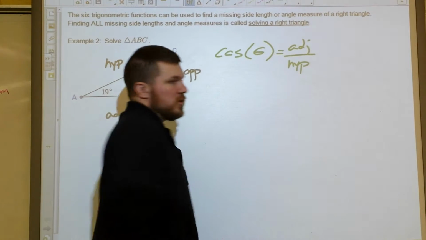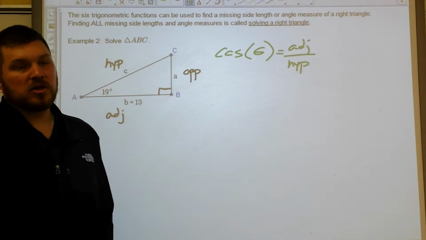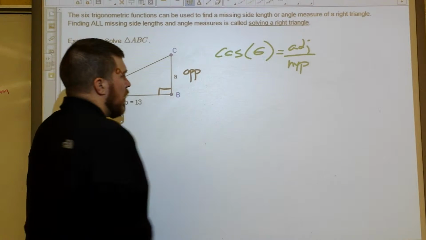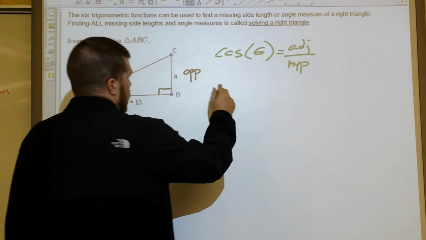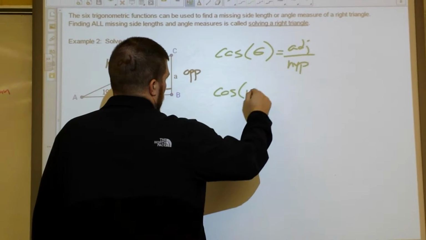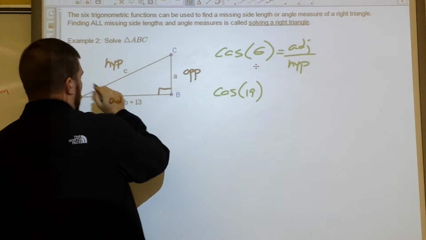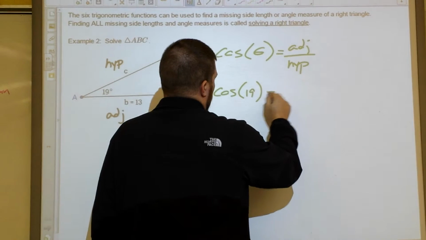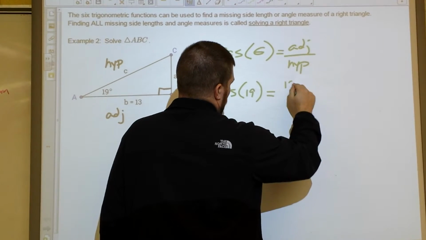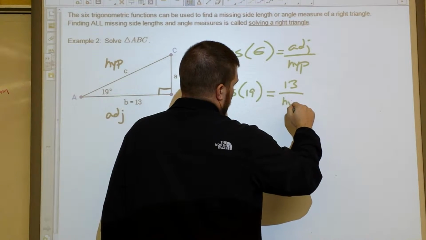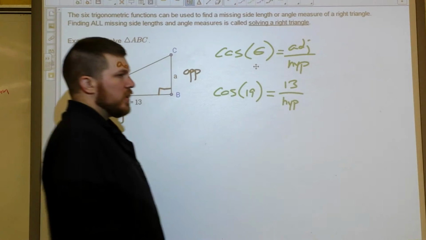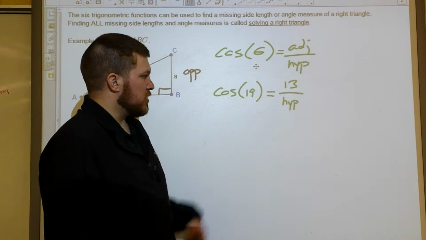And what I'm going to do is literally just plug in what I know and solve for what I don't know. So I know cosine of 19, because that's what my angle is, is equal to the adjacent, which was 13, over the hypotenuse.